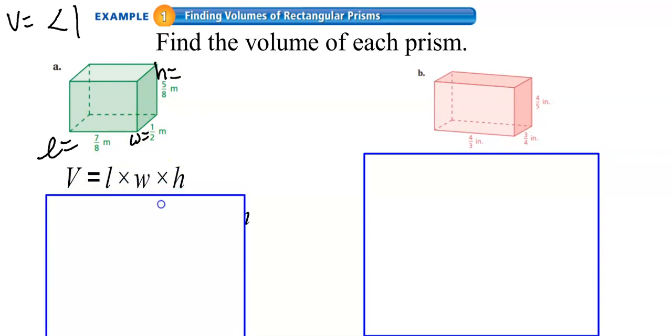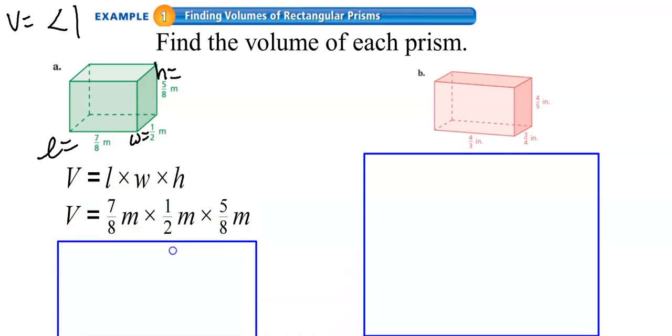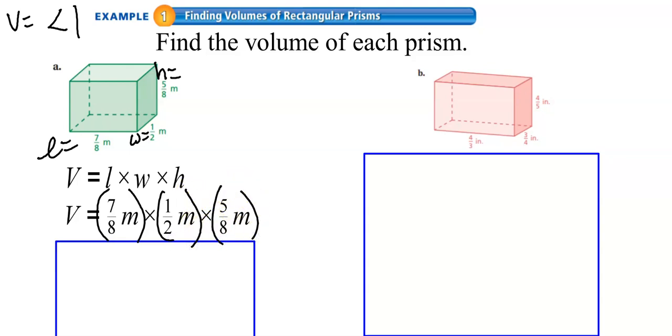So the idea is length times width times height, right? And the length is 7/8, and I could put parentheses, 7/8 meters times 1/2 meters times 5/8 meters. Okay, now when I multiply, oops, I want to grab this. I'm multiplying fractions.